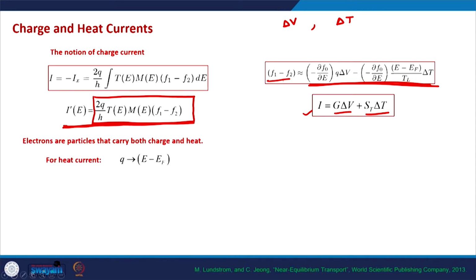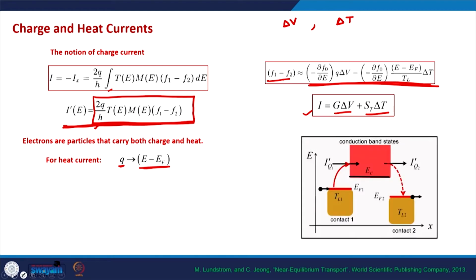In order to define the heat current, we just need to replace Q in this expression by E minus EF. And why E minus EF? The reason for this is that generally in most cases, most of the conduction takes place around the Fermi level. Especially in metals, almost all the conduction takes place at the Fermi level.